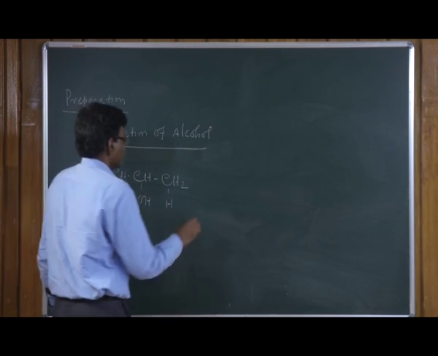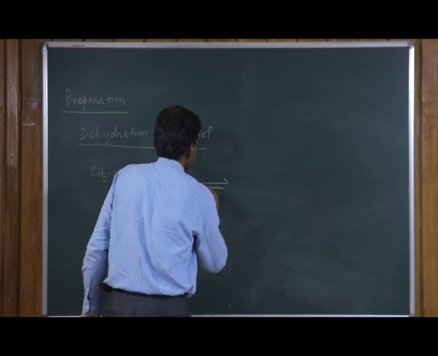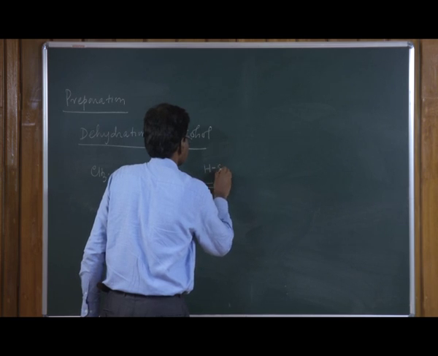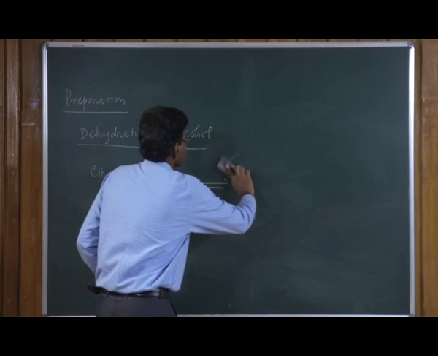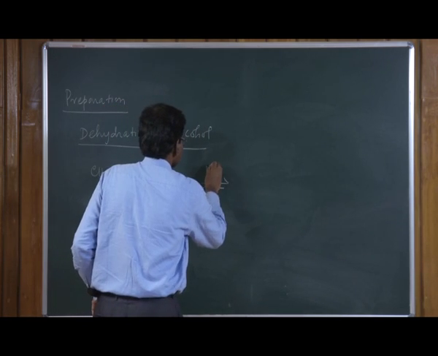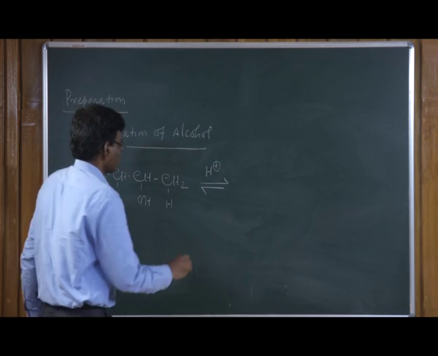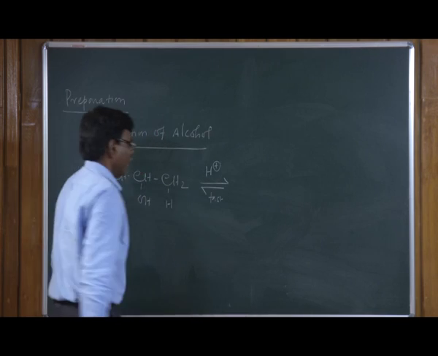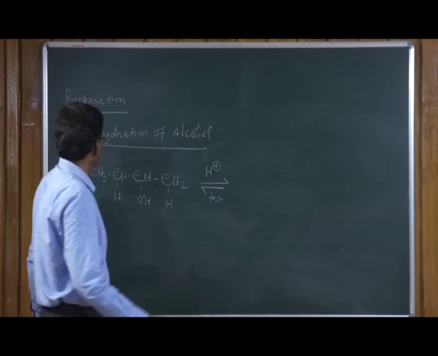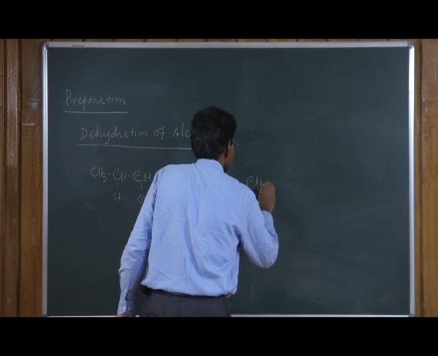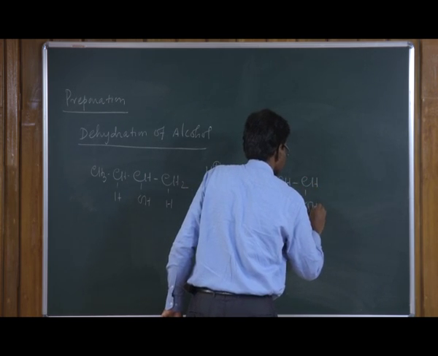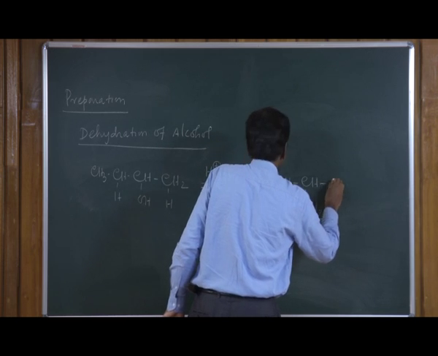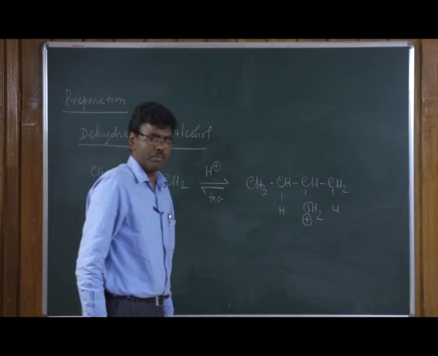This is the alcohol. When you treat this alcohol with sulfuric acid, let us write H plus, this is reversible and fast, and protonation of this OH takes place. You will have this intermediate.